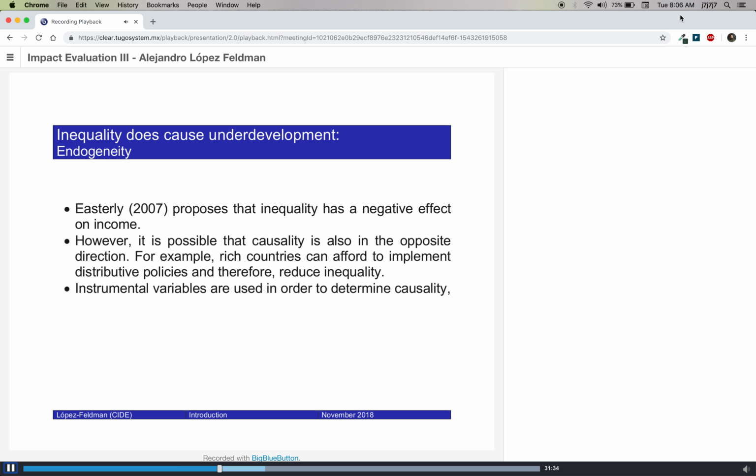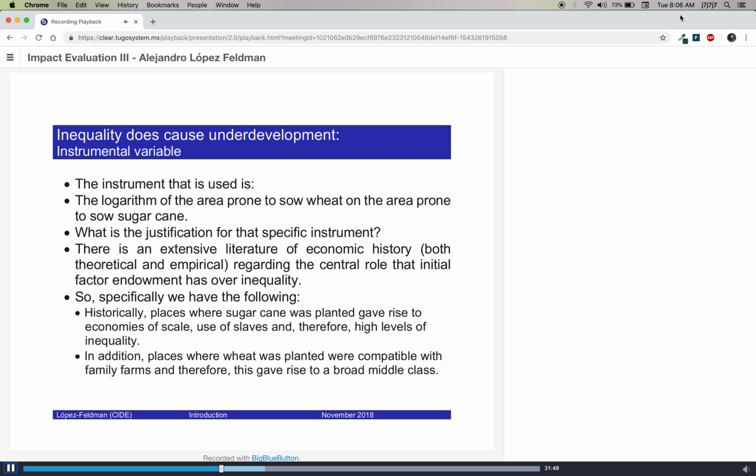So we have a ratio, in this case, of area that can include wheat and the one that can include sugarcane. First we say, okay, why can this be a good instrumental variable? If you do not know what you are doing, we need to analyze the information so that this can be a good instrument.